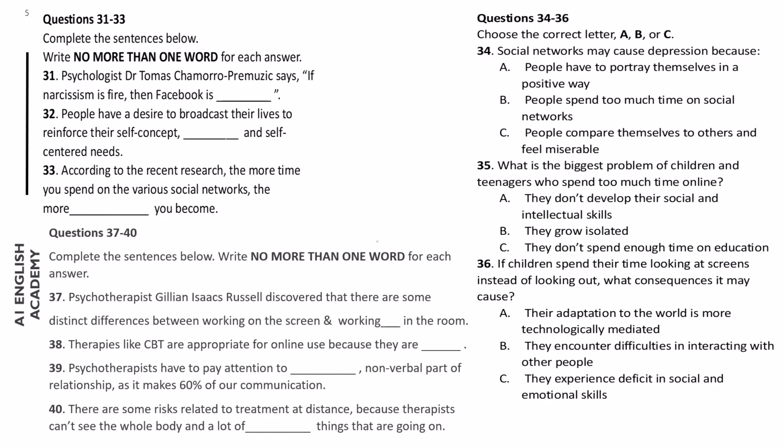So people wouldn't have gravitated towards Facebook or Instagram or Twitter or Snapchat if they hadn't been narcissistic in the first place, by which I mean, if they hadn't had this desire to broadcast their lives, to behave like celebrities and share personal information about themselves as if it's really interesting, and also seek positive feedback from others that reinforces their kind of self-concept and self-esteem and perhaps self-centered needs.